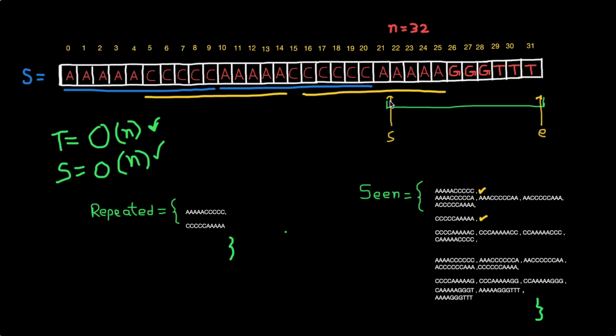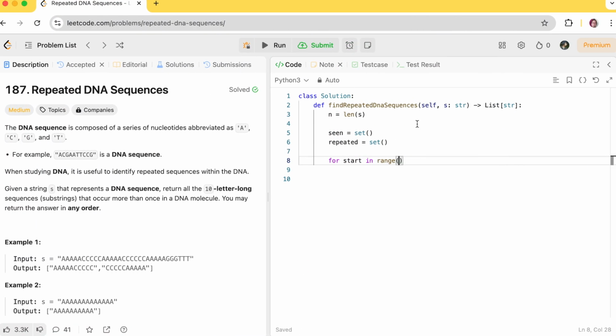So we don't have to run till n, but our start pointer should point till the 10th value behind n. That is 32 minus 10 is 22, so our range needs to be till 23. To get this value, 32 minus 10 plus 1, 32 minus 9 would be 23. Okay, so we'll have to run till here. Right, the boundary should be 23. So it will be till n minus 9.